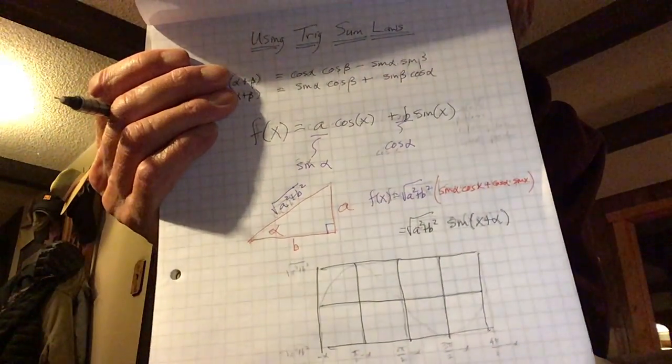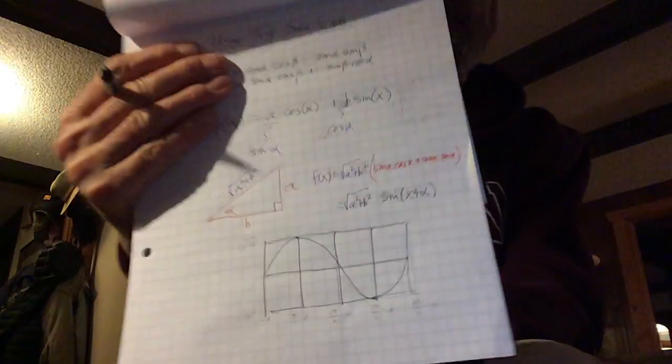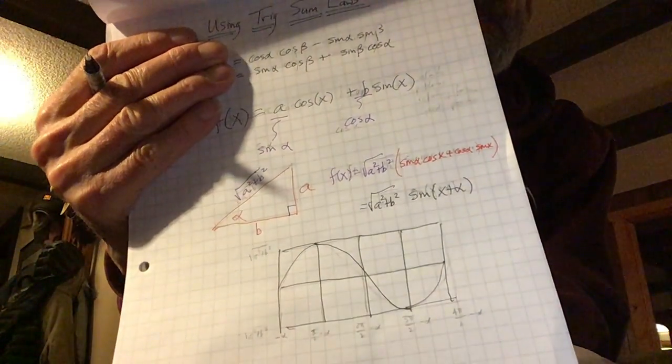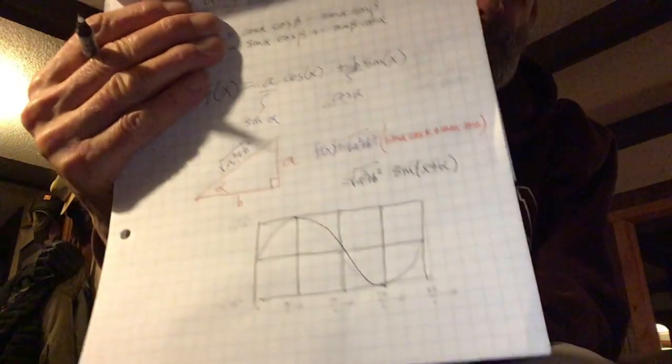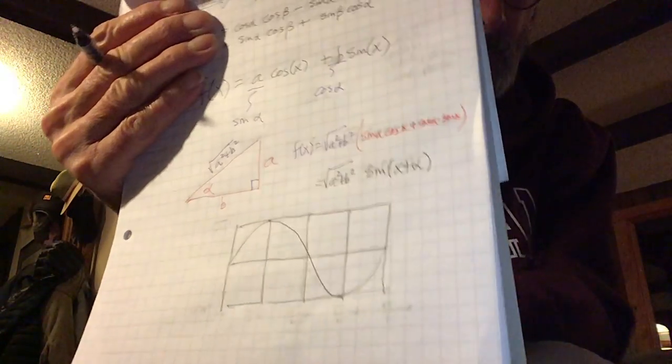I'm actually trying to do this graph to scale because I'm working on gridded paper and I can. So there's the typical grid that we make for a sine curve, and I'm going to draw in the curve. Trying to do a good job here. There's the sine curve, and now we can fill in with the translation and the change in amplitude.